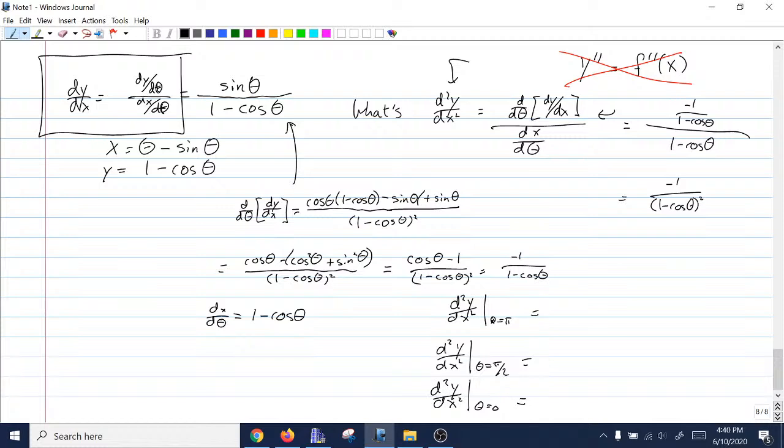At theta equals pi, cosine pi is negative 1, so I get negative 1 over 2 squared. It's negative 1/4. What is it at pi over 2? It's negative 1 over 1 minus 0, which is negative 1. What is it at 0? It's negative 1 over 0 squared, which is undefined.